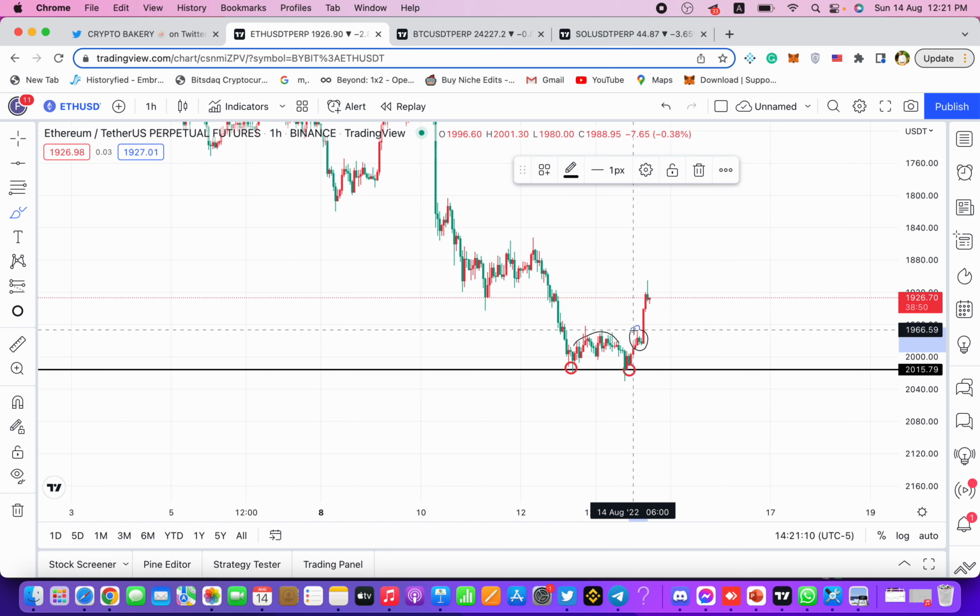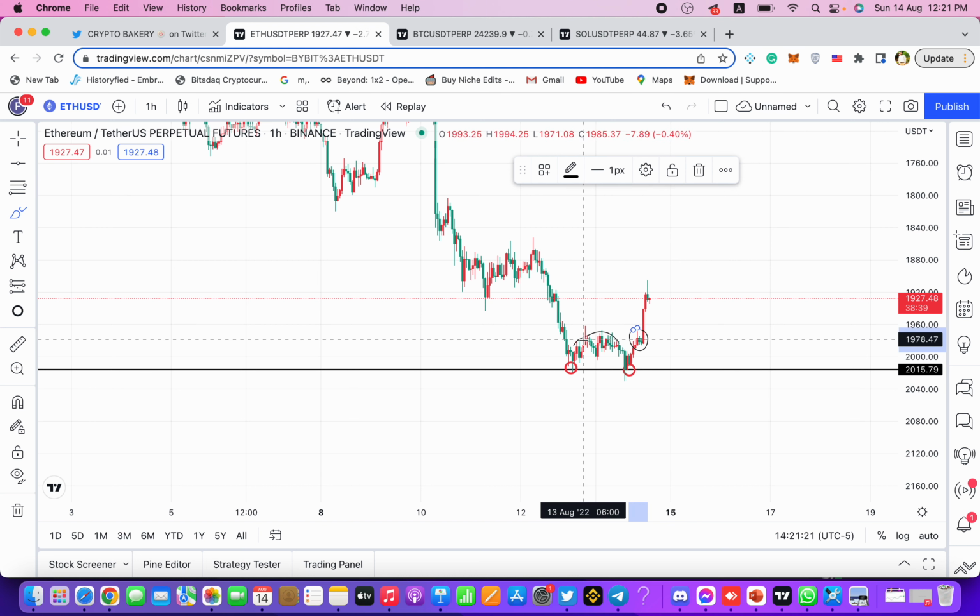In my term, this is the fake area, because mostly people think here that we are making a curve so that we will dump again, because in the previous area, in this area, we made a curve and then dipped here.